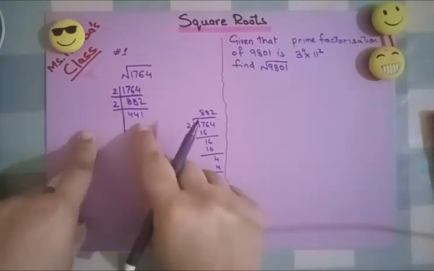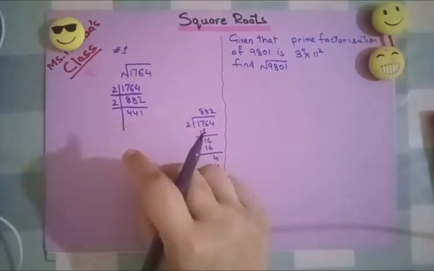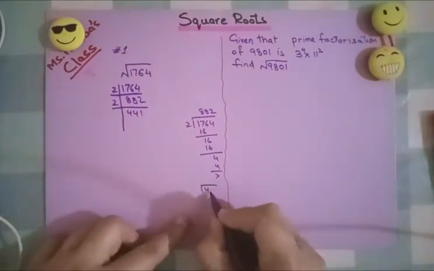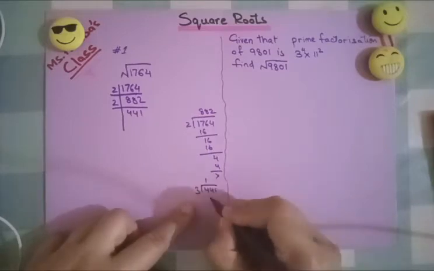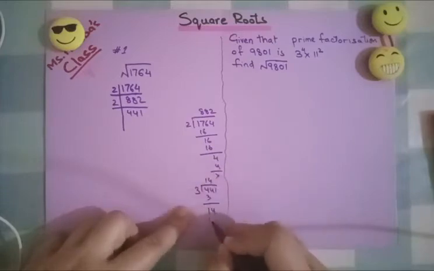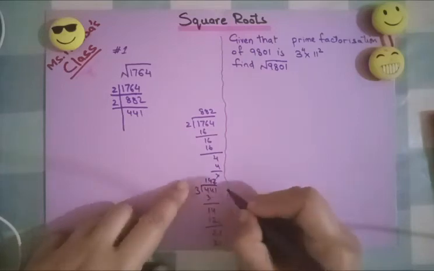Now it's ending at 1, so I have to check whether it's divisible by 3, because 3 7s are 21. So I will check it out. 441, is it divisible by 3 or not? 3 1s are 3, then 3 4s are 12, and 3 7s are 21, so it's exactly divisible by 3.